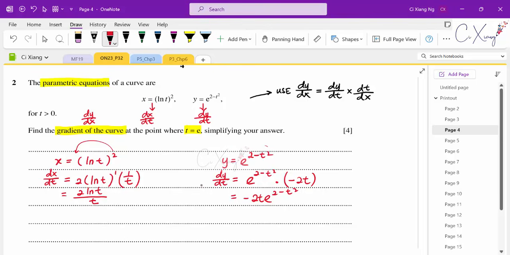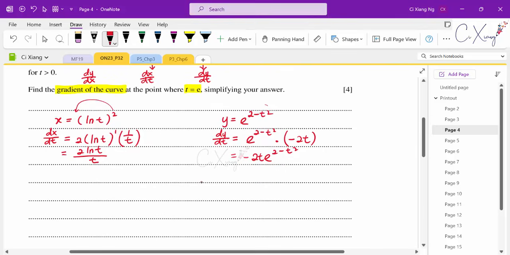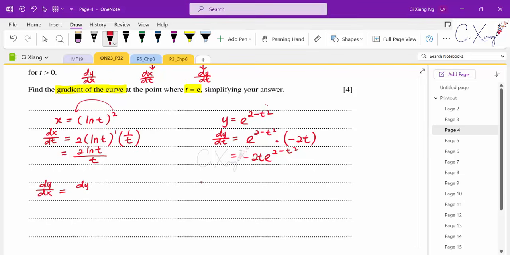Then next step, we are going to get dy dx. Like what I showed you just now, to find dy dx, you have to use the chain rule, dy over dt multiplied with dt over dx. So what is dy dt here? dy dt is this expression, negative 2t e power 2 minus t squared.